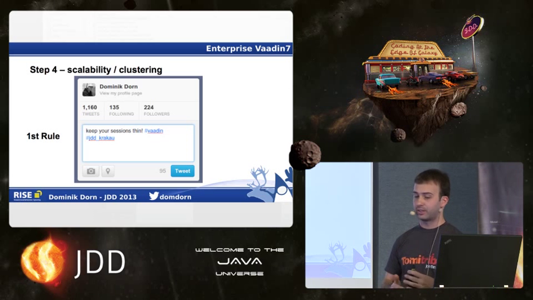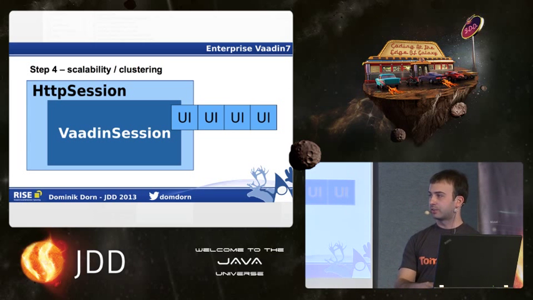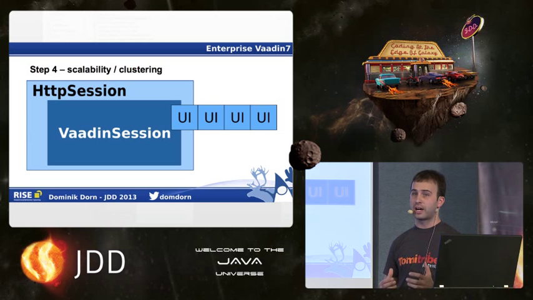Keep your sessions thin, because in Vaadin, everything you put on the display of a user is basically attached to a UI, and this UI is stored in a facility called the Vaadin session, and the Vaadin session is a part of the HTTP session.